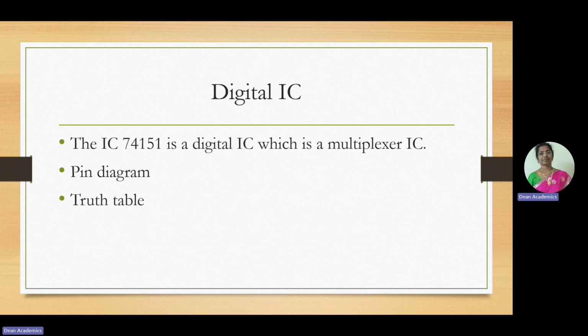Now let us see the pin diagram and truth table of this IC 74151. Because our subject is the digital IC design, first we will see what is the digital IC that is available and how we can eliminate the hardware requirement in VHDL programming we are going to see.